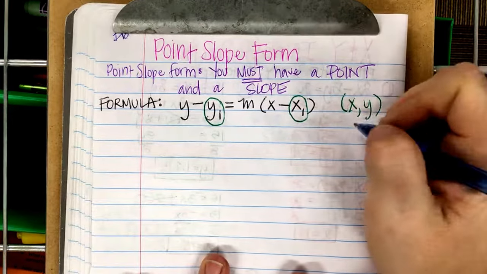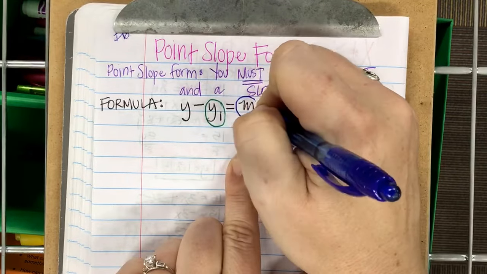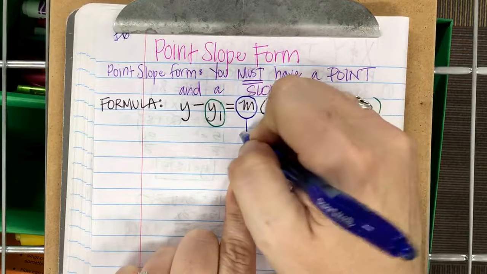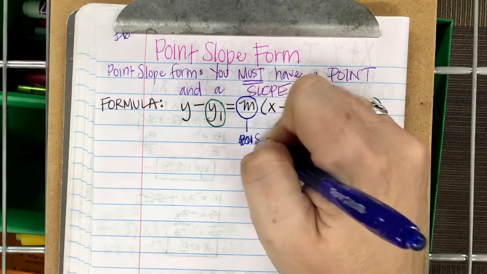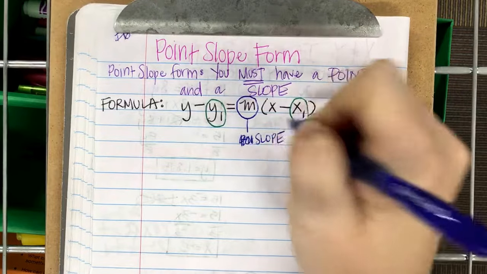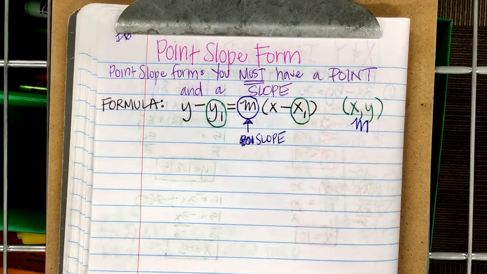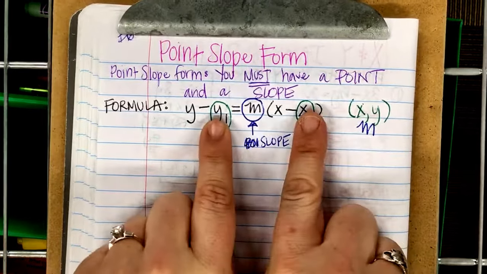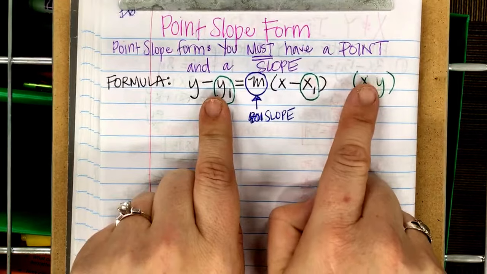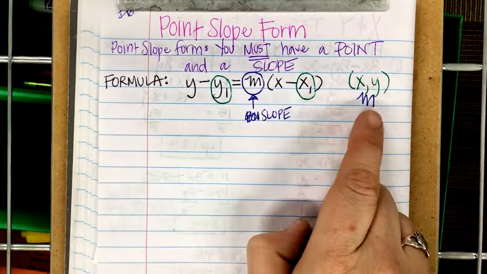And you're going to have a slope, which is the variable m, which gets put here. Your slope goes in for the m, and your ordered pair, your point, goes in for the x and the y, because an ordered pair, a point, has an x value and a y value, and then you're also given a slope.